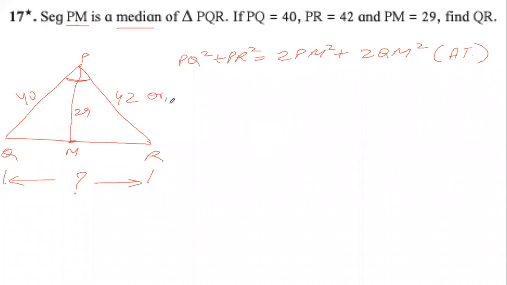Now all we have to do is substitute the values here. 40 square, PR is 42 square. Then 2PM, PM is 29 square, plus 2QM square.